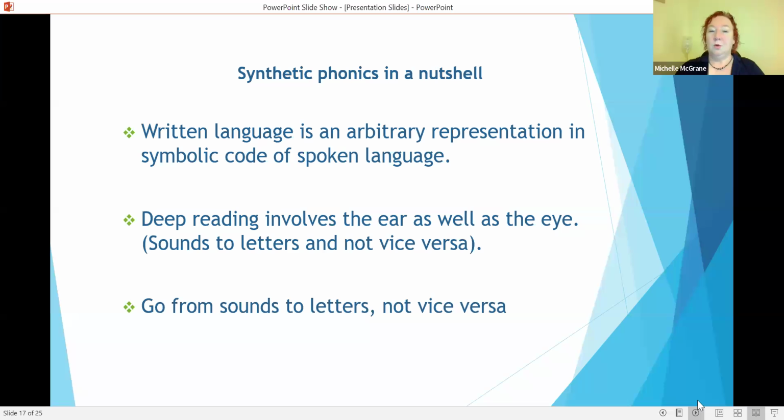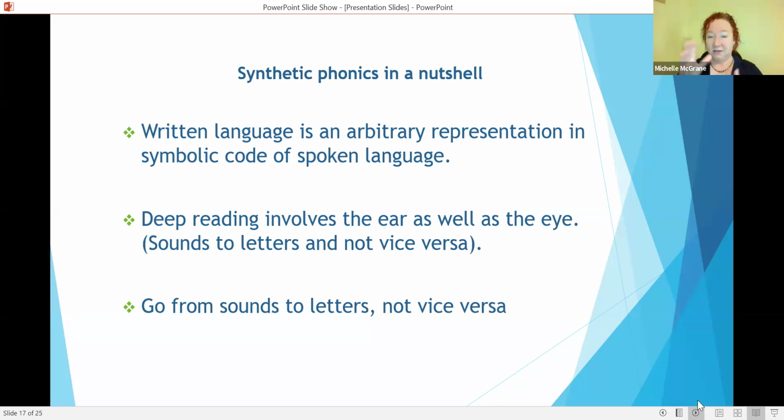This is just a really, really brief understanding of what phonics is. Written language is an arbitrary representation in a symbolic code of spoken language. Deep reading involves the ear as well as the eye. You need to learn how to blend in an audio way, aurally, as well as visually.